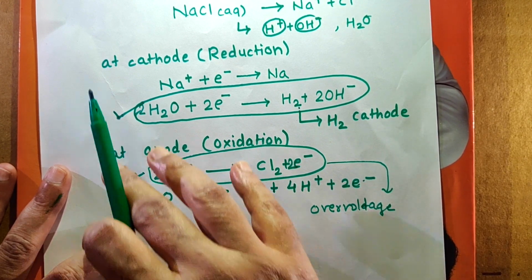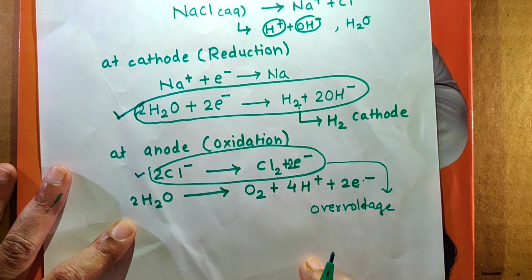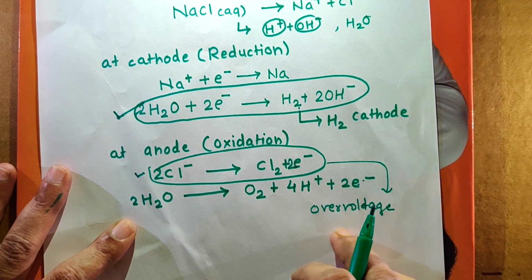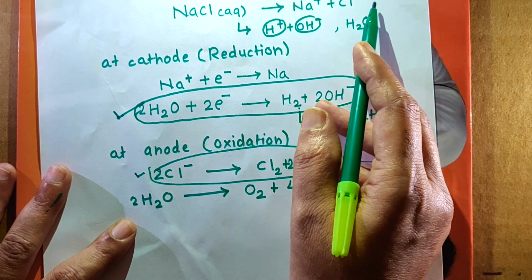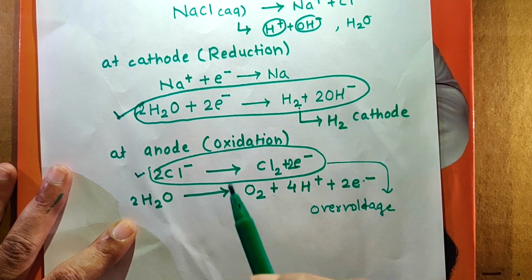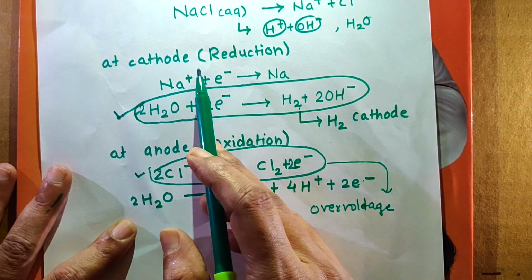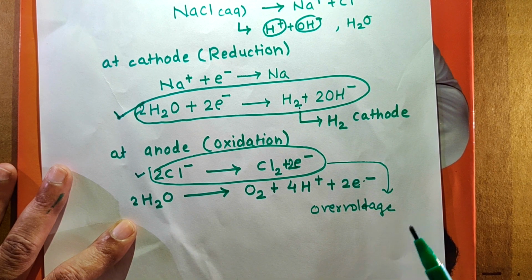Remember here, the actual voltage practically required when we carry out this experiment for the electrolysis of aqueous NaCl is more than the potential calculated using the standard values of reduction potential and oxidation potential. What is standard oxidation potential? What is standard reduction potential? We will study in the next part of this topic. And what is the cell potential?